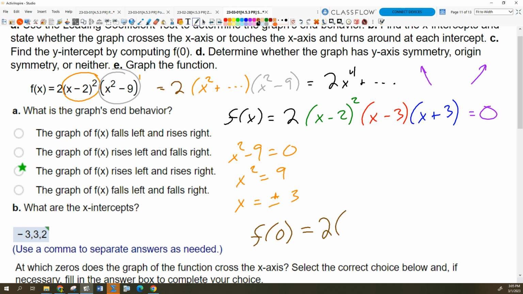We get 2 times 0 minus 2 is negative 2 squared, times 0 squared minus 9 is just negative 9. So I get 2 times 4 is 8 times negative 9 is just negative 72, right? I plug 0 in.